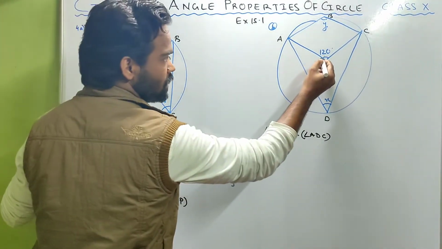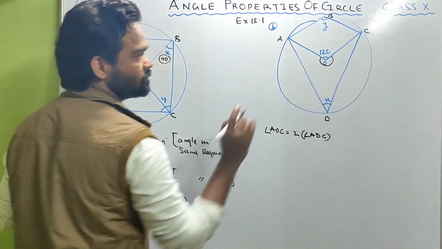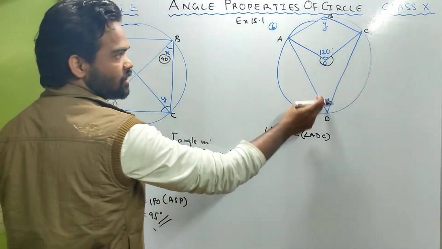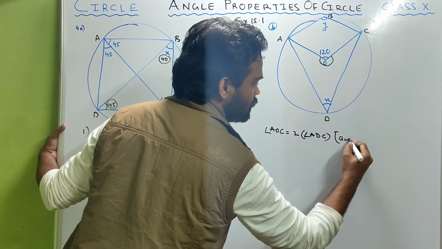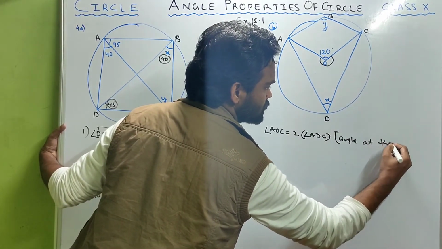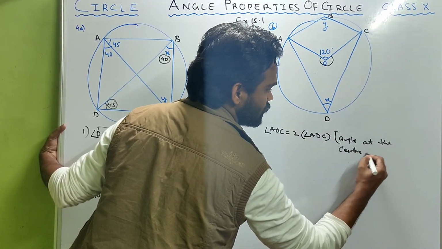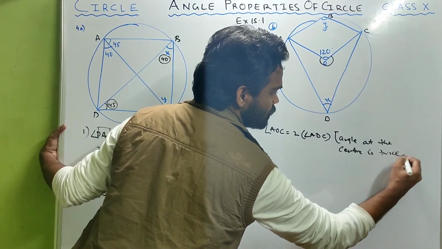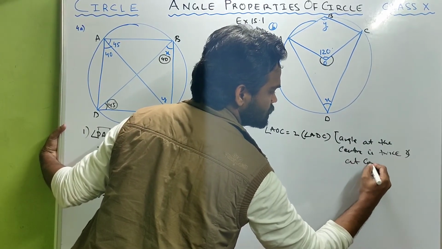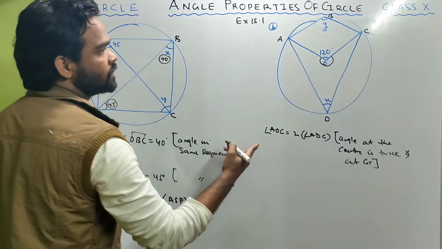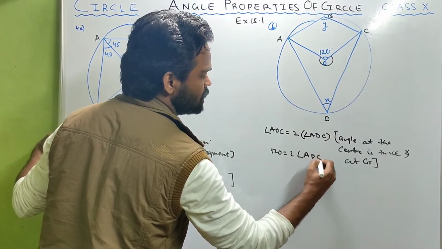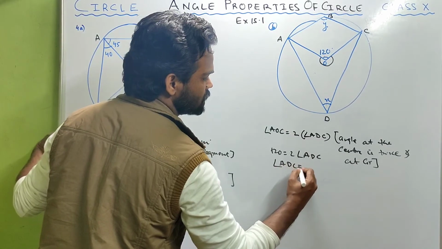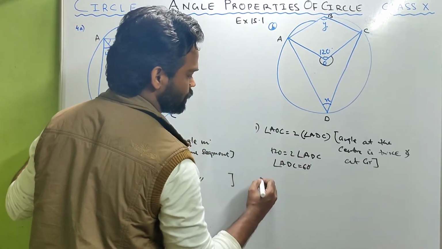Y has a relation with reflex AOC. X has a relation with angle AOC, that is 120 degree. Which means 120 equals twice angle ADC, which means angle ADC is 60 degree.